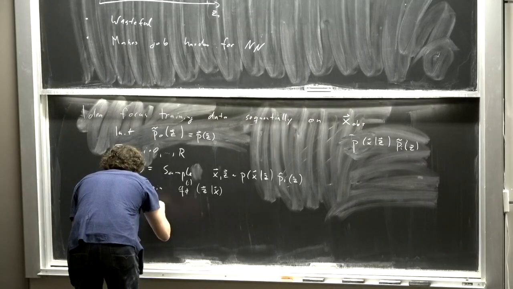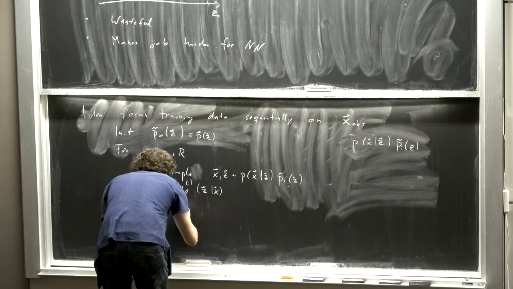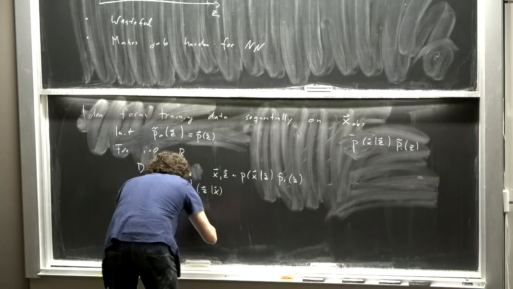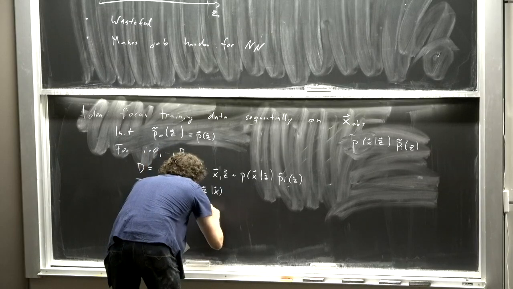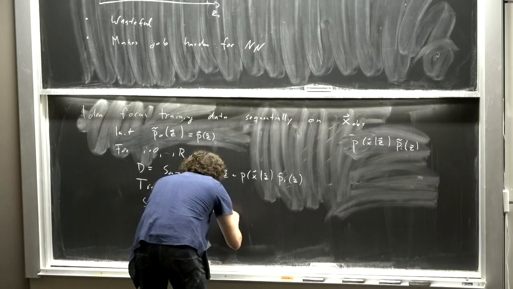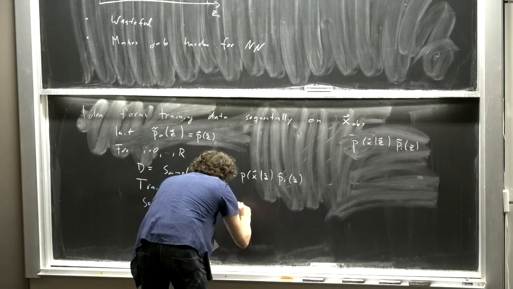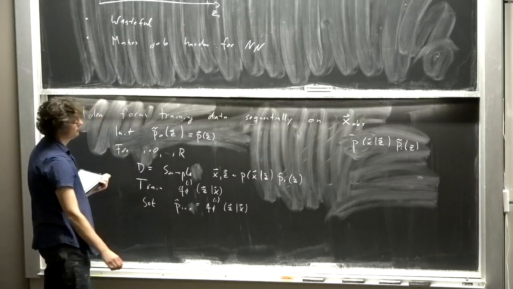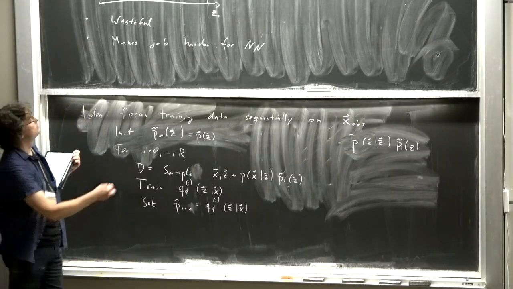And then as a next step, we set the just-learned posterior as the new proposal. So we use the posterior that we get from the first network training as the proposal distribution for the next training.